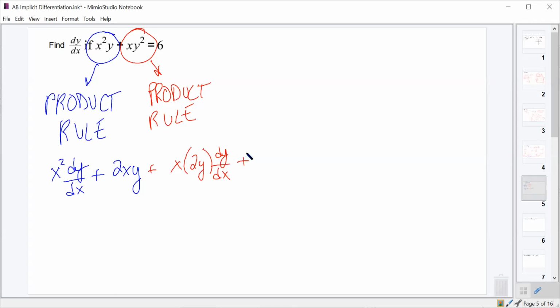This time the y squared should stay, and we're multiplying it by the derivative of x, which is just 1. Everybody good with that? Equals what? 0, right. Another common mistake people make with this is they forget to take the derivative of the right-hand side, especially when it's just a constant. So if it's constant, make sure it turns into a 0.